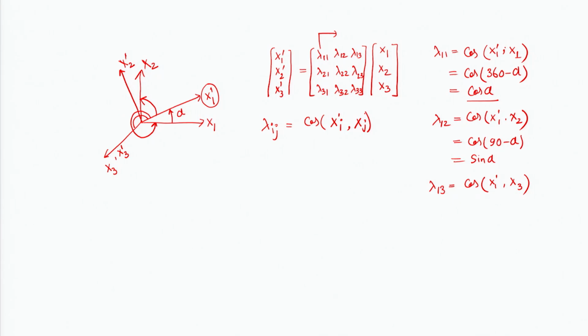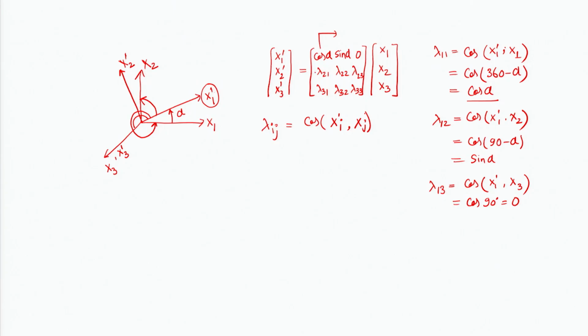So, if the rotation is just taking place about x3, x1 prime and x3 will always make an angle of 90 degrees. That is cos of 90, which is 0 for the given system, and this brings us to the same expression we know from the previous calculation: this is cos alpha, this is sin alpha, and this is 0.